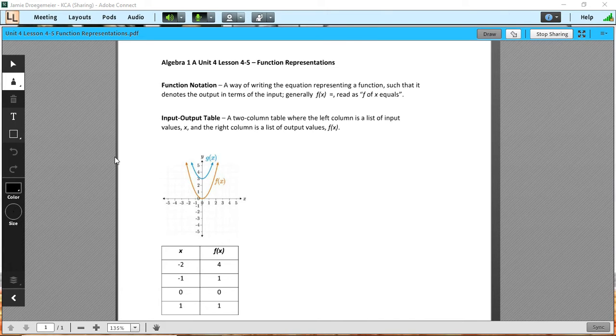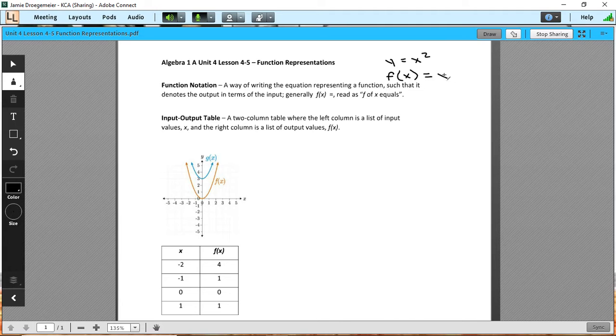Basically, function notation is just a way of writing the equation that represents a function in terms of the output. So you may have a function that's something like y equals x squared. If I want to write that in function notation, I'm going to replace that output term y with this notation that we read as f of x.